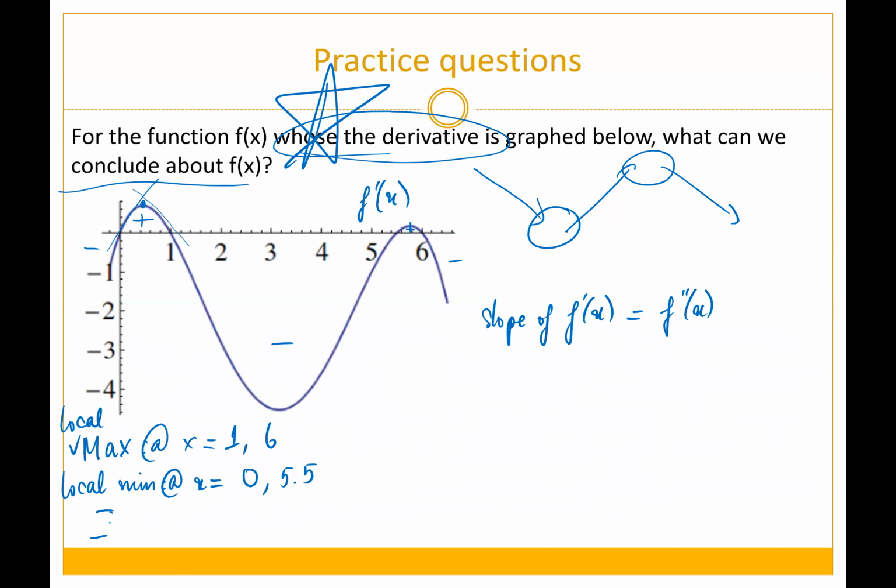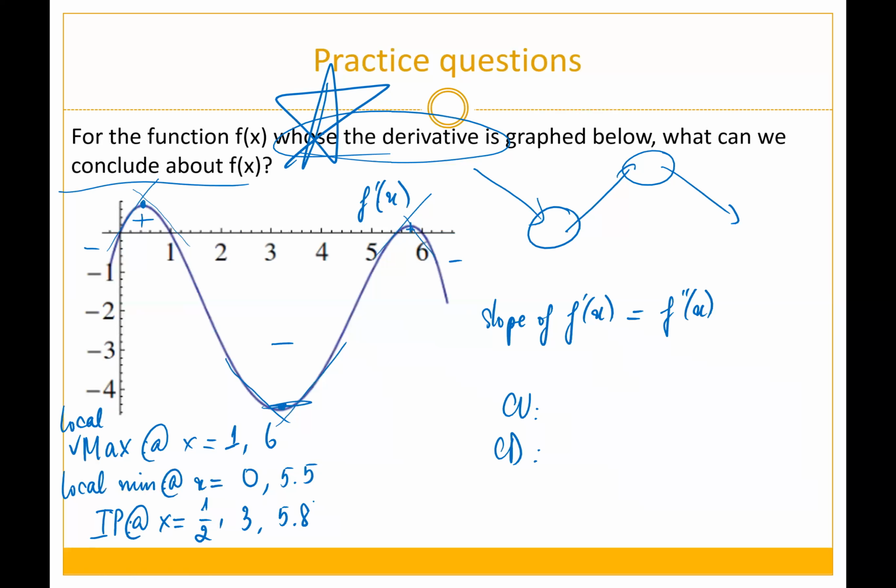So we have inflection points and concavity. So an inflection point at x equal maybe half at this one, and also the same here, it goes down and it goes up, so it changes sign here. I would say it is equal to 3. And again, it goes up and goes down, and I guess it's around 5.8, and so on. So that is concavity, where the second derivative, which is the slope of f prime of x, changes sign.